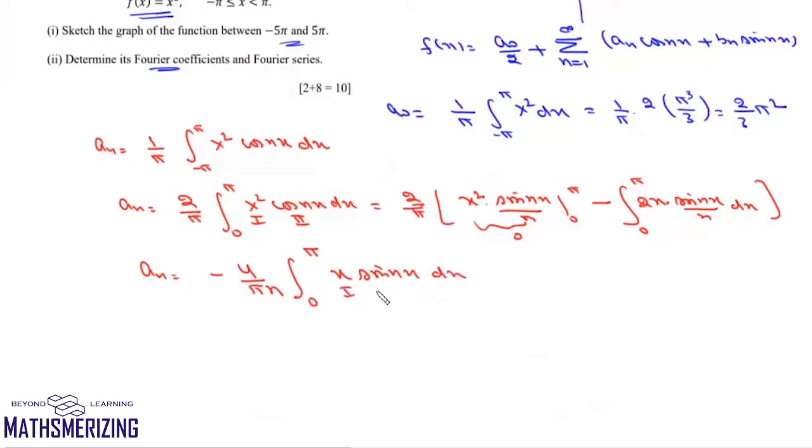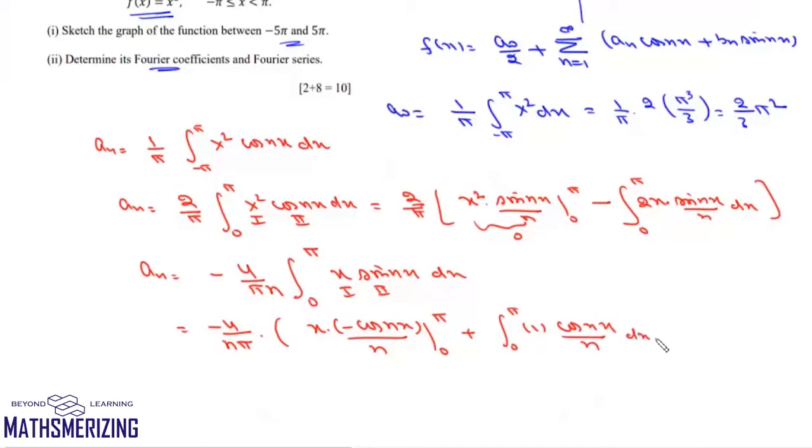Now again, this is first function and this is second function, so we can write this as minus 4 upon n pi, and here it will be x into minus cos nx upon n from 0 to pi, and then minus from 0 to pi 1, and here minus minus will be plus cos nx upon n into dx.